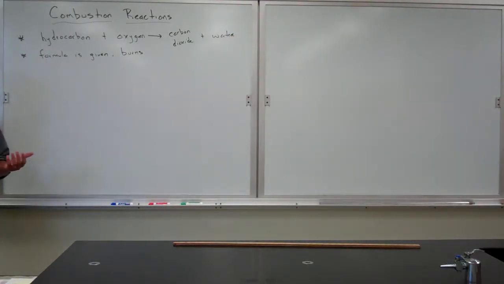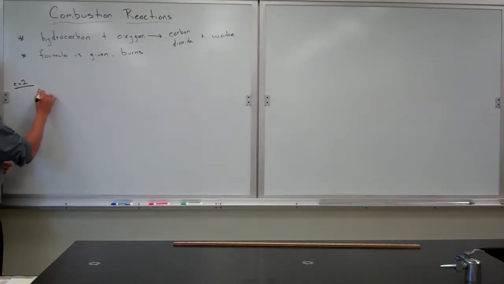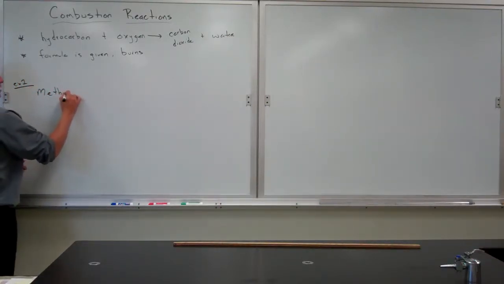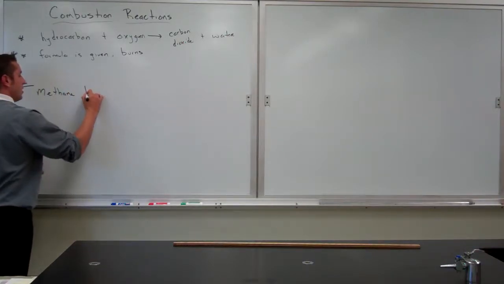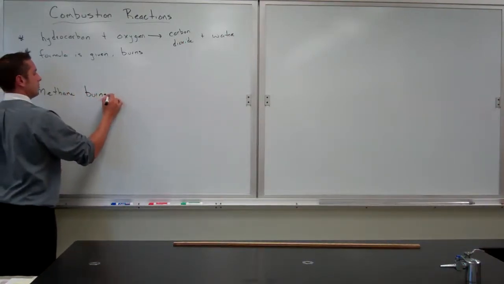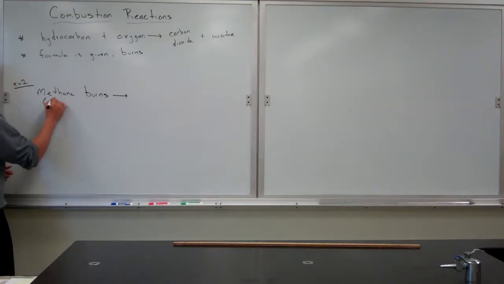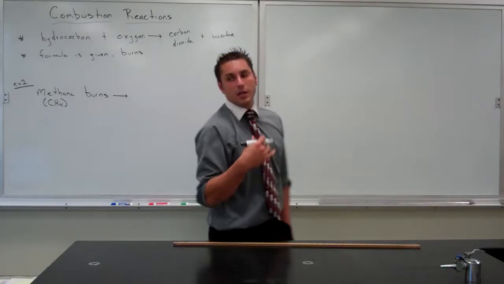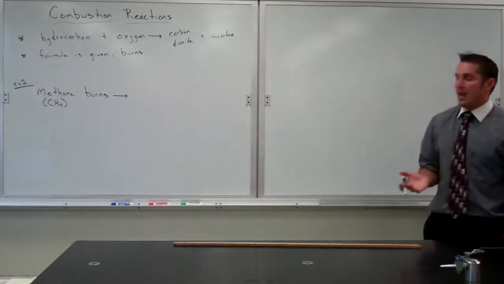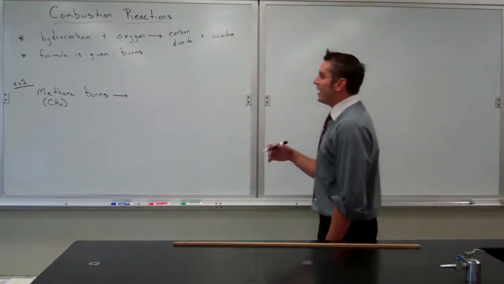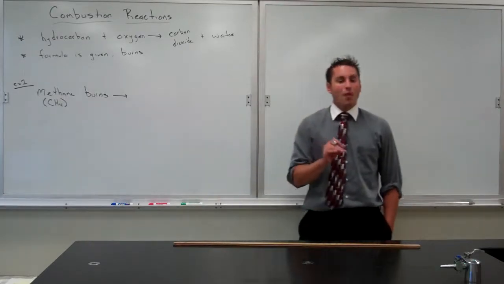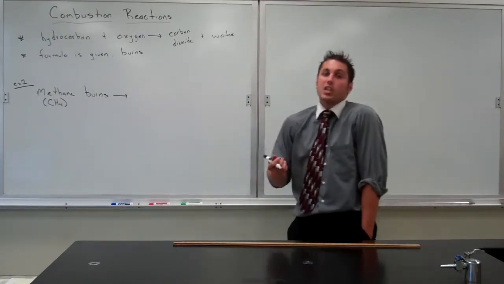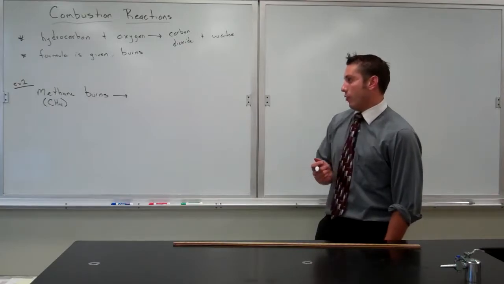So if we were to take a look at an example, you would see something along the lines of methane burns. And you'll see underneath some of these organic names, parentheses that give you a formula, because it is telling you what the formula of that compound is, because you would have no way of knowing it otherwise.